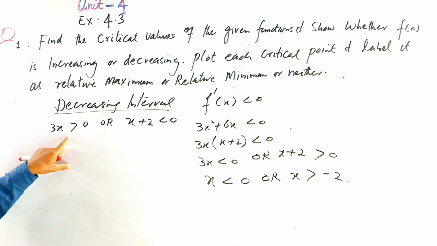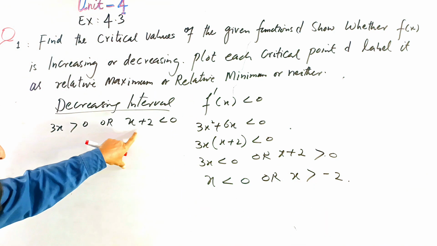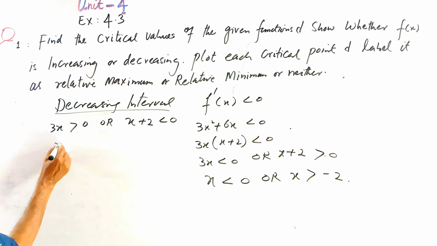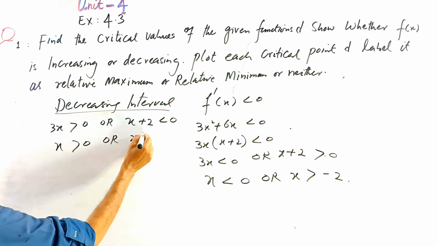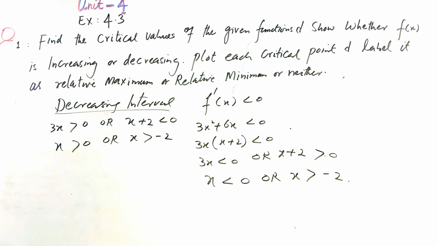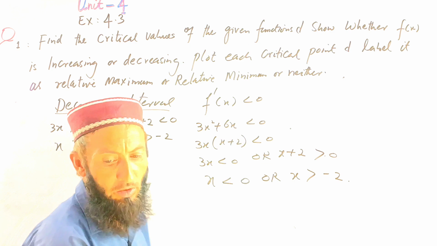In the second condition, 3x is less than 0, so dividing both sides by 3, x is greater than minus 2. So that is called the decreasing interval.